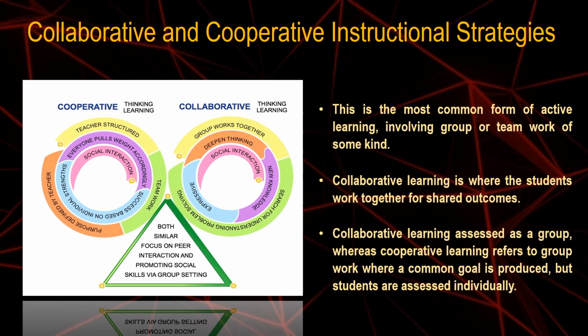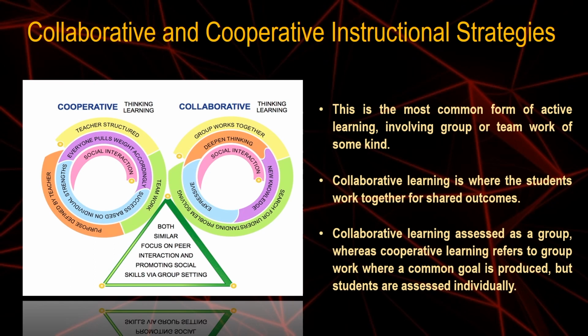So, what is cooperative learning and collaborative learning? What is the difference between these two? Both are similar, but focus on peer interaction and promoting social skills via group setting. In cooperative learning, it is teacher structured, everyone pulls their weight accordingly, and there is social interaction and more.